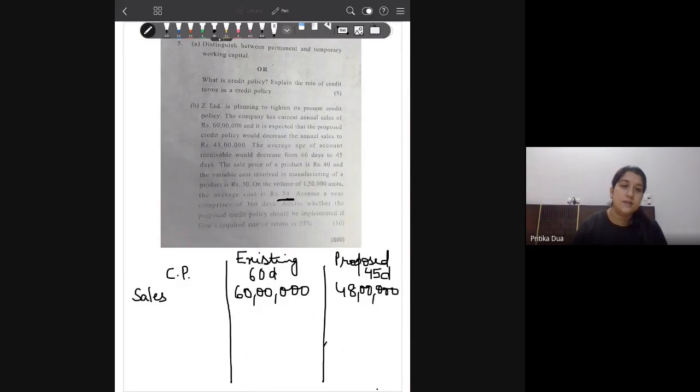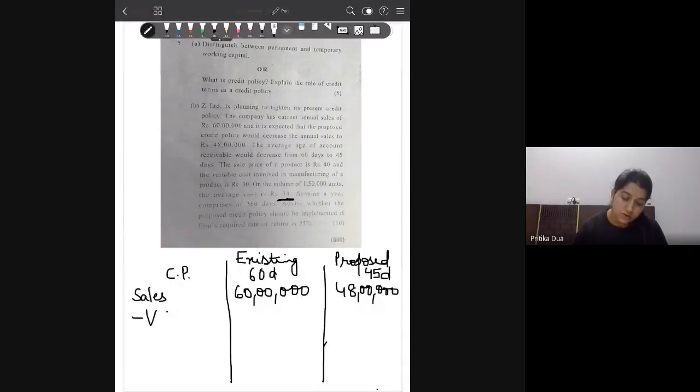So first thing is that we calculate the operating profit. Then we calculate the cost of investment in receivables. The difference of the two gives you the net profit. So we start with the variable cost. So I think we can write down the units also. Okay, we'll first start.